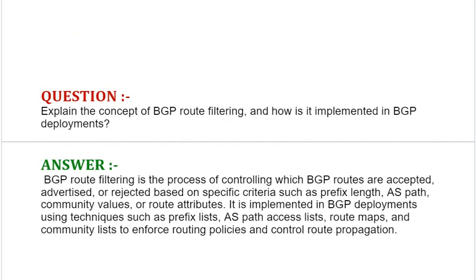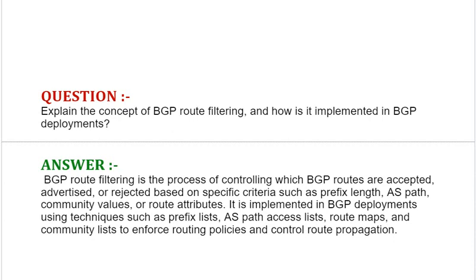Our next interview question is, explain the concept of BGP route filtering and how is it implemented in BGP deployments? Your answer should be, BGP route filtering is the process of controlling which BGP routes are accepted, advertised, or rejected based on specific criteria such as prefix length, AS path, community values, or route attributes.